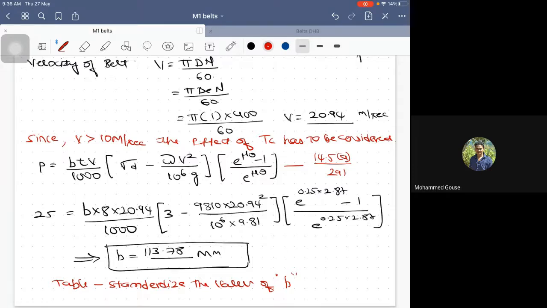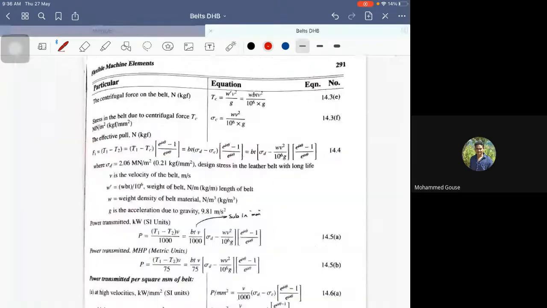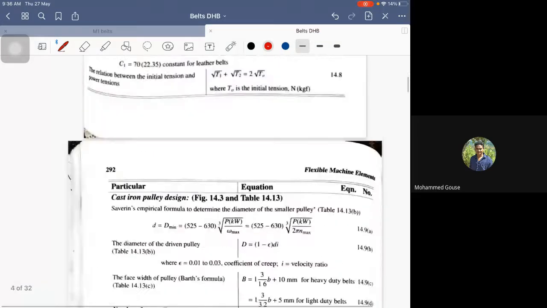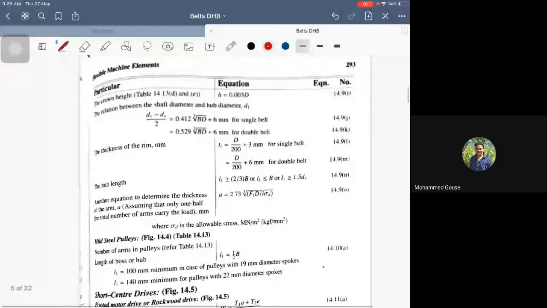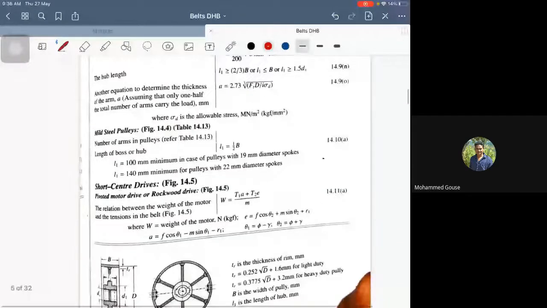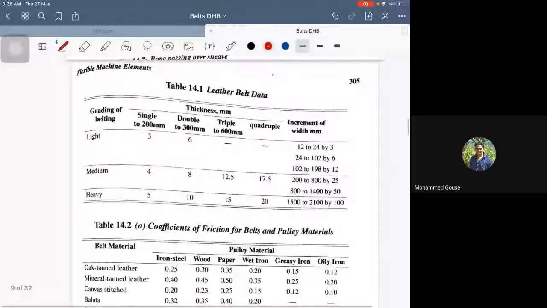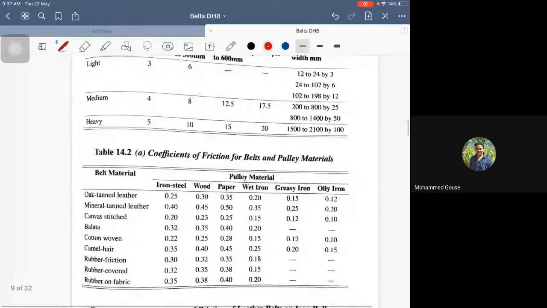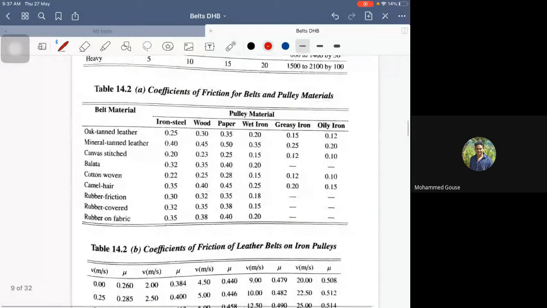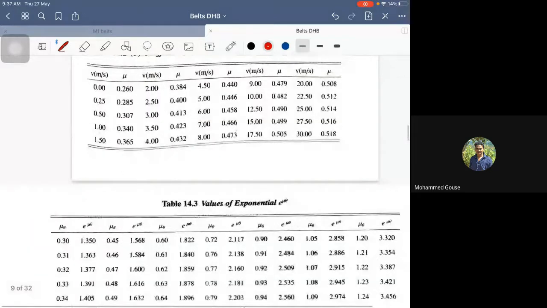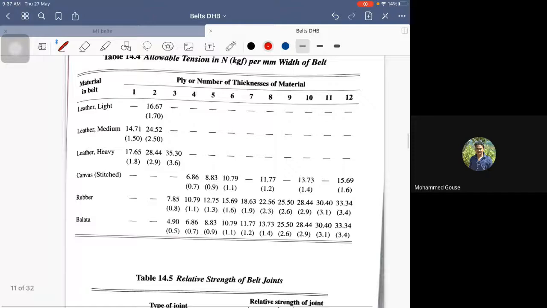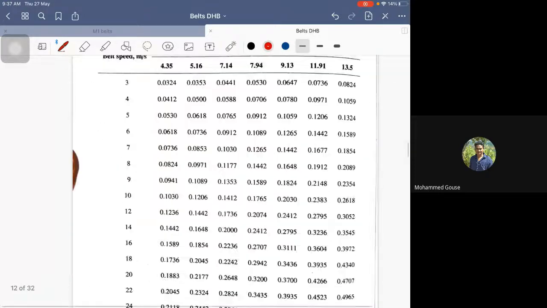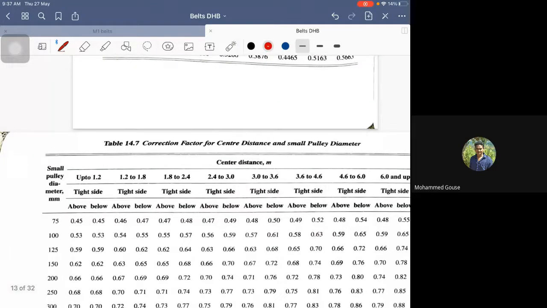14.9A is that table number. What is the page number? 311.